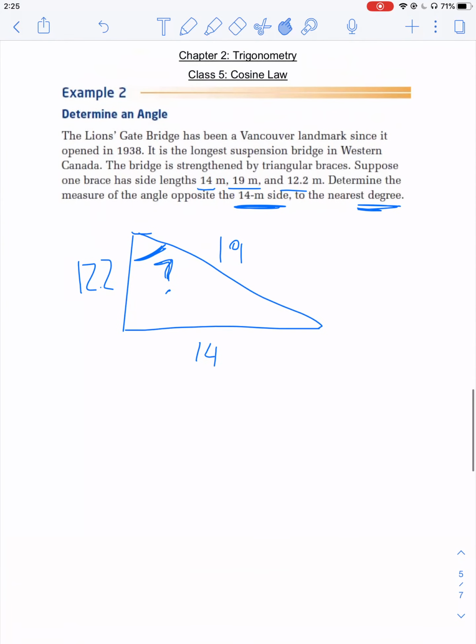I know you might be thinking that this is C, because it's the longest side. You could pick whichever formula you want to use, it's up to you.